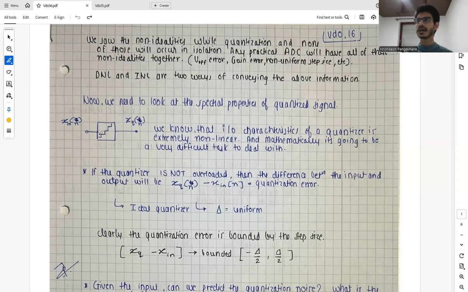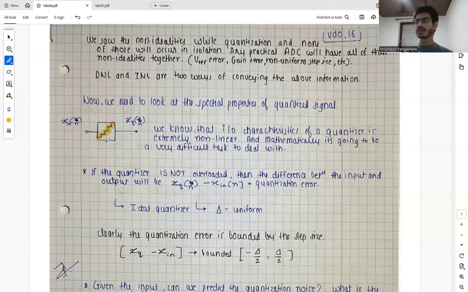So we know that the input-output characteristic of this quantizer is extremely nonlinear, because at every step we have some non-linearity. I mean, the transfer function is extremely non-linear, and mathematically it's going to be a very difficult task to deal with such a system when we design the system mathematically.